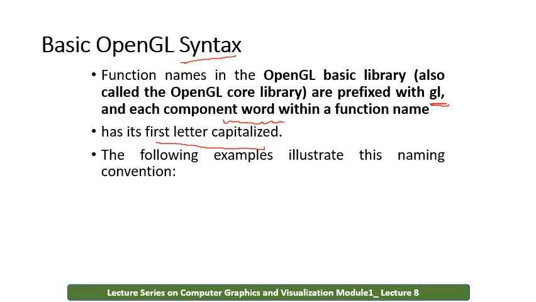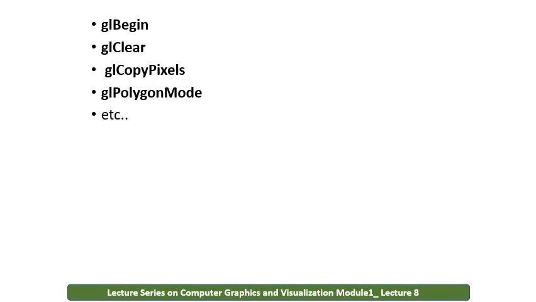Let us see one example of how the functions start. Here you can see glBegin is one function in OpenGL. All the functions start with the lowercase letters gl, and Begin is the function name, whose first letter is always capital. So glBegin is one function, and the same thing here: glClear, with the first letter capital, glCopyPixels, glPolygonMode, and many more.